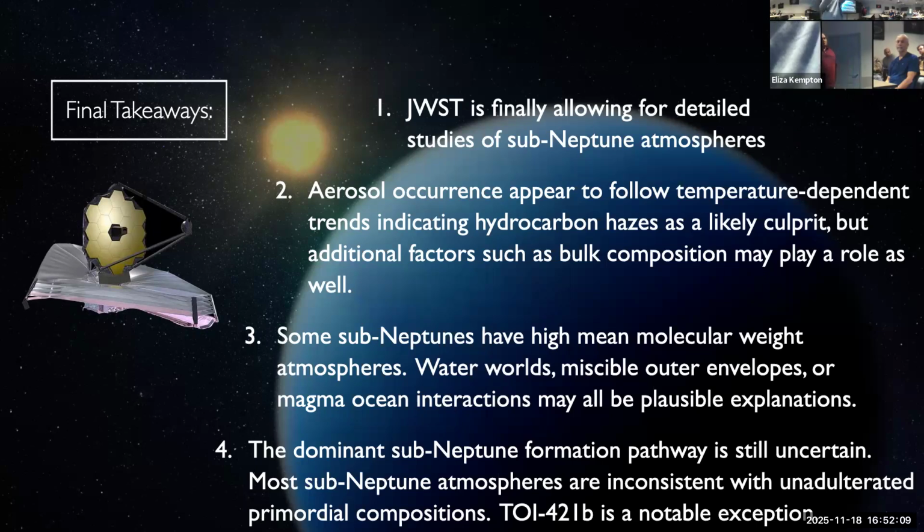She's one of the only people who's done sub-Neptune-like compositions because hydrogen is combustible. Most labs won't go near a hydrogen-rich mixture of gases, but she's gone up to, I think, maybe 1200 Kelvin.